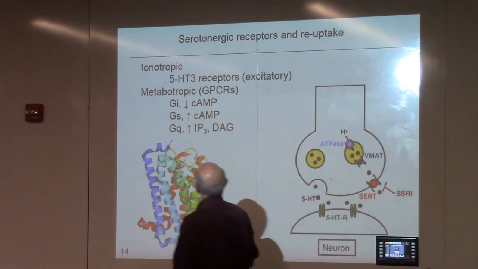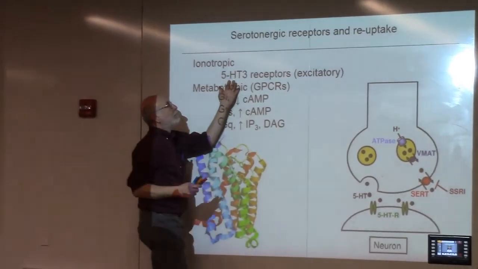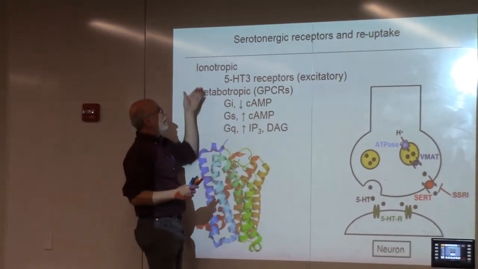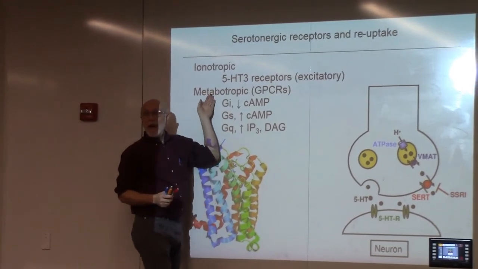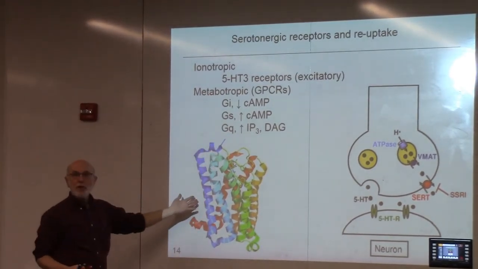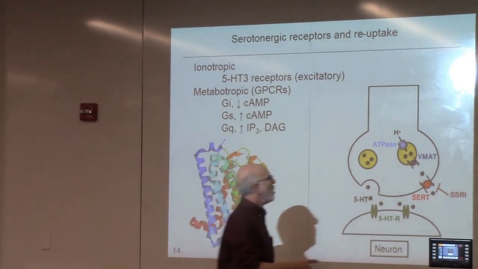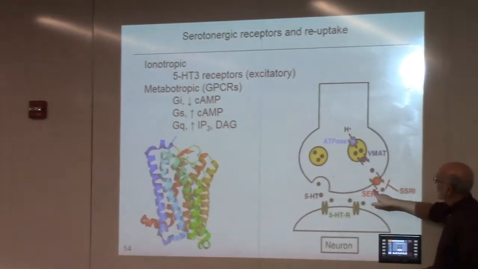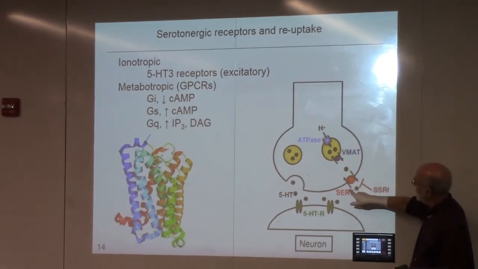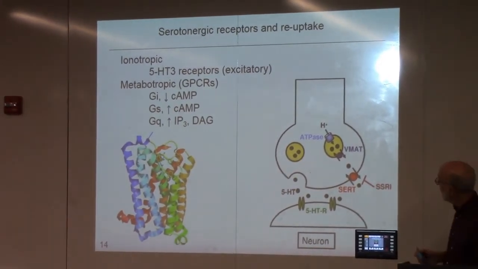Like I said, there are many 5-HT receptors. Some of them are ionotropic. Most of them are metabotropic. Here's a metabotropic serotonin receptor. And we've already talked about how serotonin, so what is this? This is a mistake. This slide has a mistake on it.